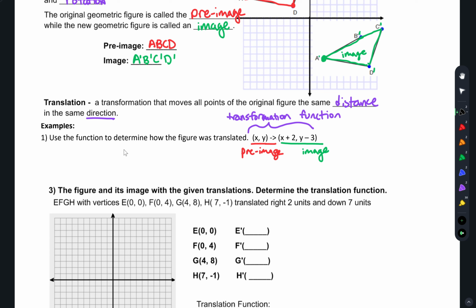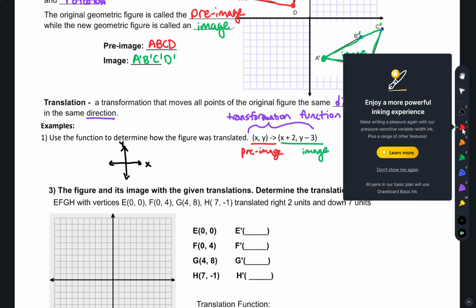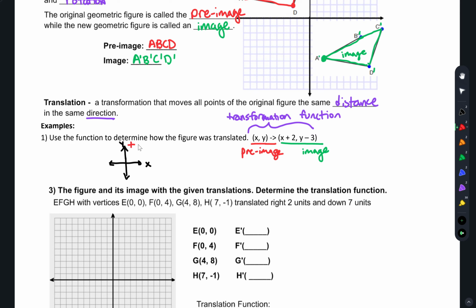If we think about a coordinate plane, your standard coordinate plane has an X and a Y axis. And hopefully we know that if we go up or to the right, we are moving in a positive direction. And if we are moving down or to the left, we are moving in the negative direction.